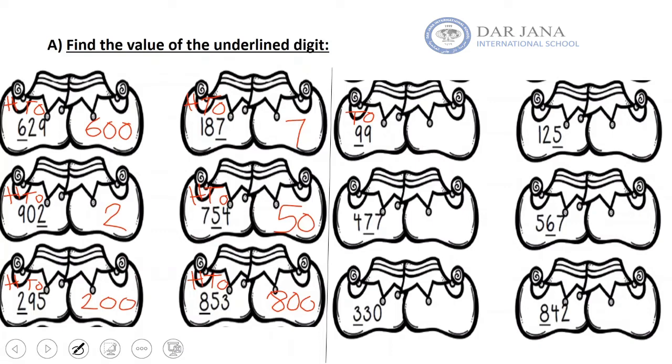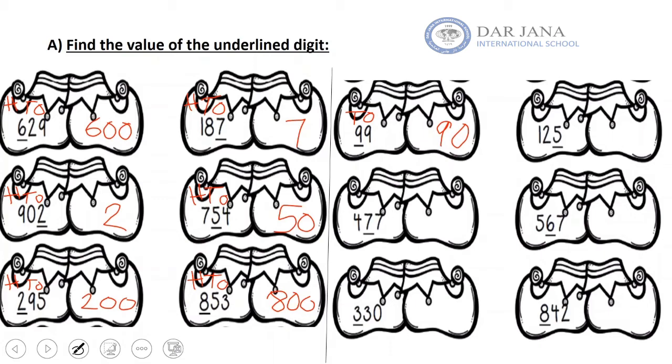What's the value of the number if it's under the tens? It's 99. 90. Look, how did I pronounce it? 90. So the value of the 9 here is 90. As I said before, if you are not sure, you can read it and you can model it. Model it means you can draw it.